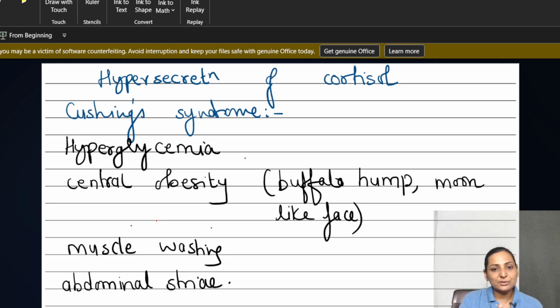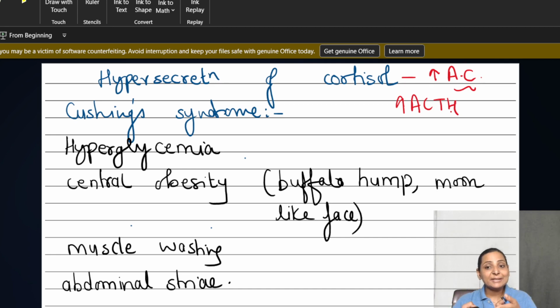Now, hypersecretion of cortisol is Cushing syndrome. Remember, when you study the cortex, you will get Conn syndrome, which is hypersecretion of aldosterone. So this applied part has to be studied nicely. Cushing syndrome is excess of cortisol, which can be due to different reasons. It can be because of excess cortisol coming from the adrenal cortex itself, meaning an adrenal cortex tumor causing increased cortisol, or it could be because of an increase in ACTH.